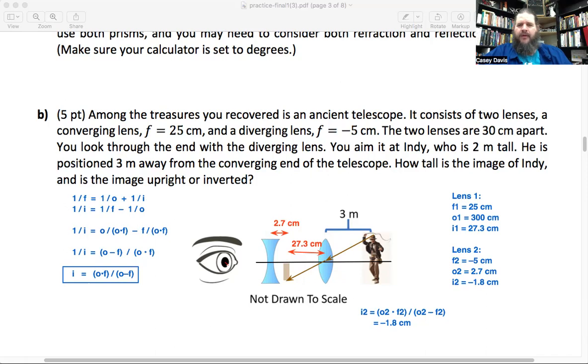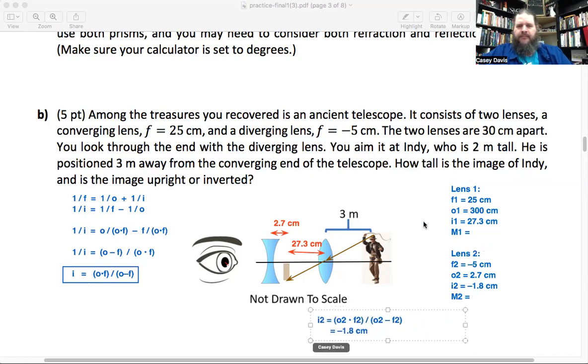Right. And we can also figure out the size based on the magnification factors. If we calculate the magnification factor for each one, how would we calculate the magnification factor for lens 1? That's going to be negative I1 over O1, equal to HI over HO. Yes, although we don't really need to worry about the heights yet. I think we can just find the magnification from I1 and O1.